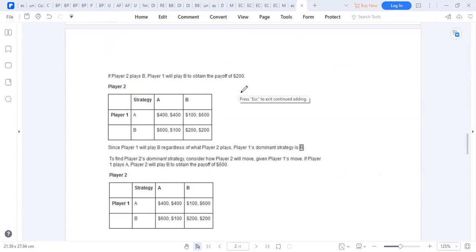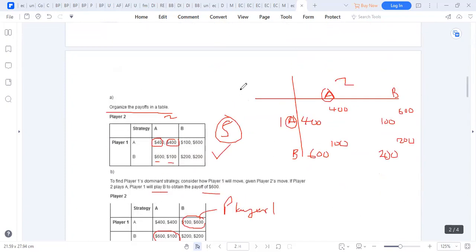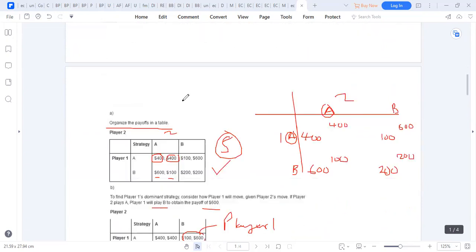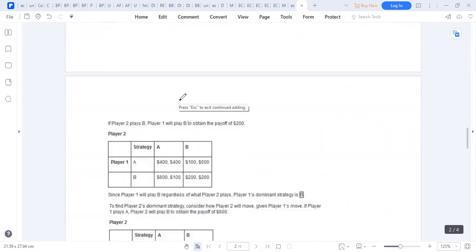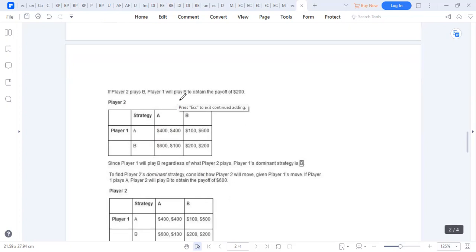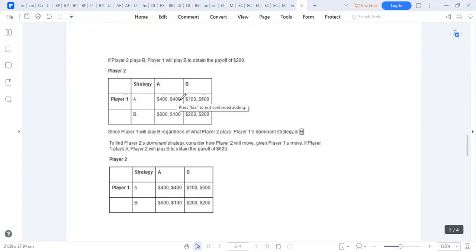So the next question, what is the next question asking us? Find the Nash equilibrium. To calculate the Nash equilibrium, it is simply to consider a point where both will cooperate or not cooperate.